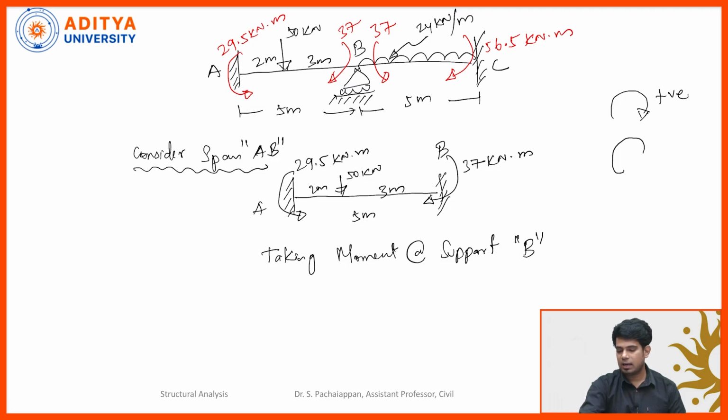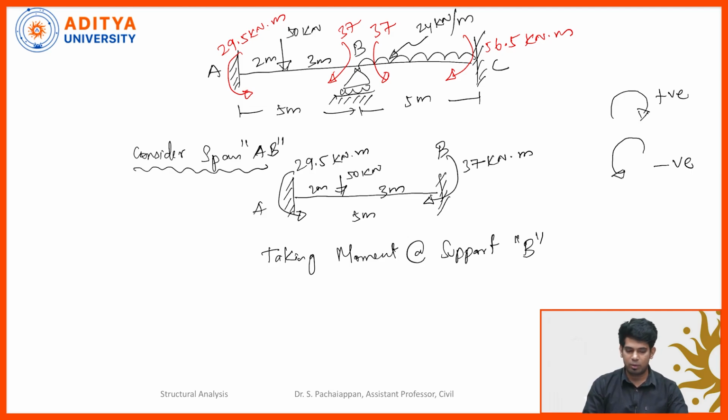If it is an anti-clockwise moment, I am going to consider it negative. This is the standard convention we are using. Otherwise, we can equate the clockwise couple and then anti-clockwise couple also. So both the things I will explain. When we are discussing the next problem, we will equate the clockwise couple and then anti-clockwise couple. Currently I am considering these symbols.